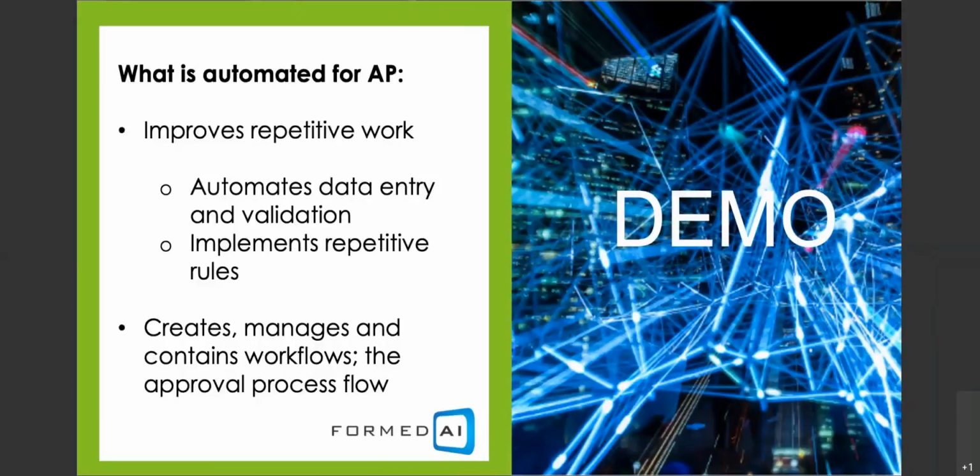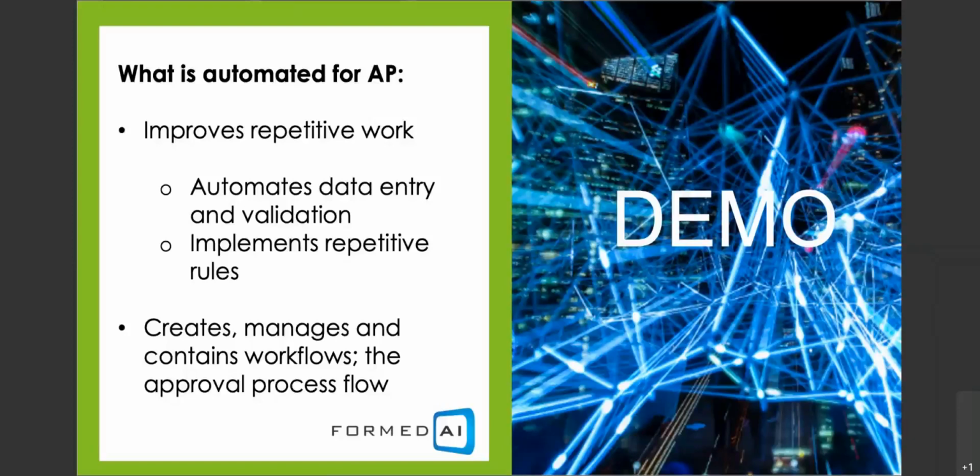We can also build rules up front. For example, if you have a specific set of vendors that always get certain general ledger coding, we can establish those rules up front. Again, saving you time, saving you clicks, and improving efficiency.